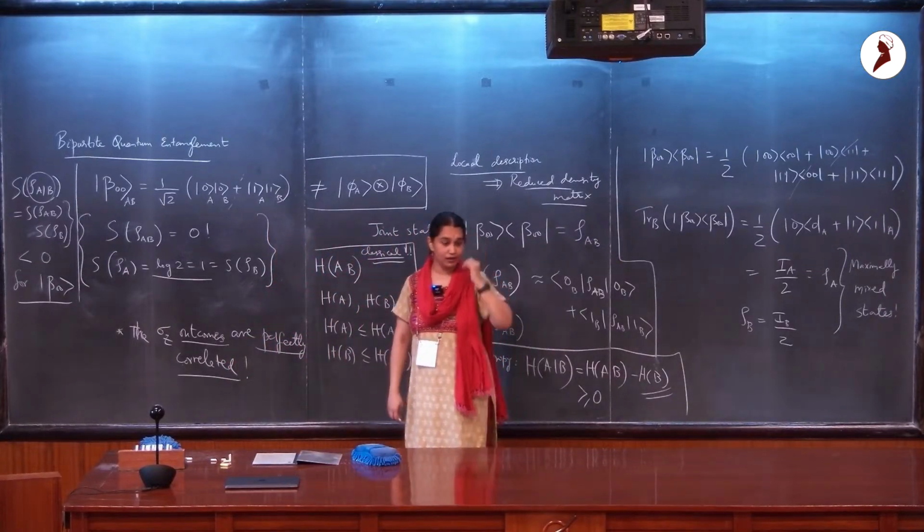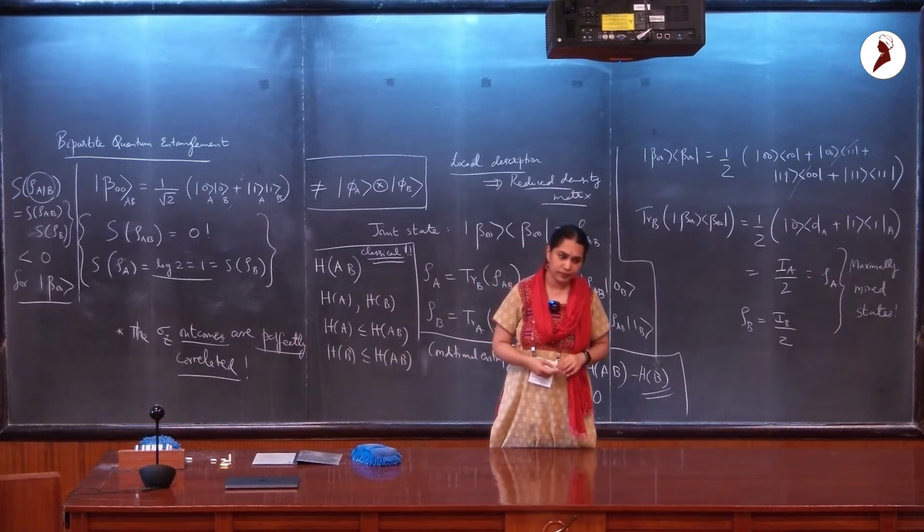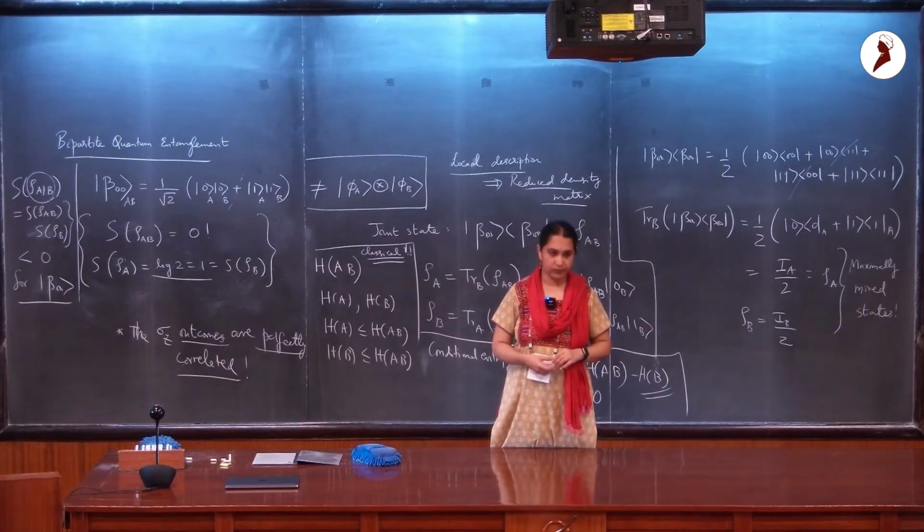In quantum entropy, our whole system has lesser entropy, which means we have more information, but our subpart has greater entropy, so we have less information.